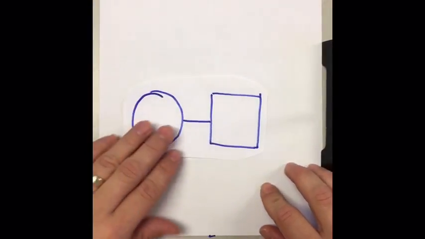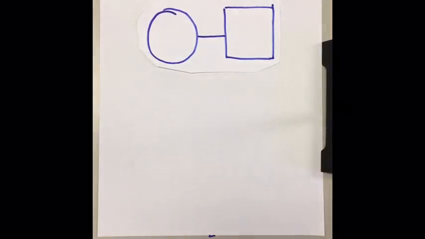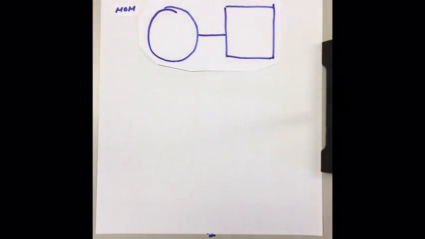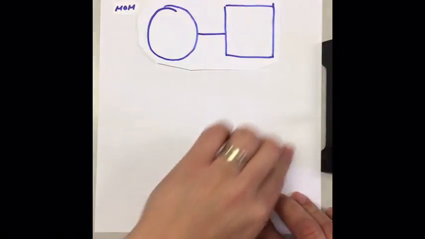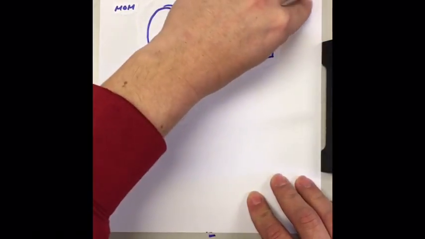Now let's do one more problem. Here we go. We have mom and dad. So we got mom and we got dad. Here it is. So mom and dad.